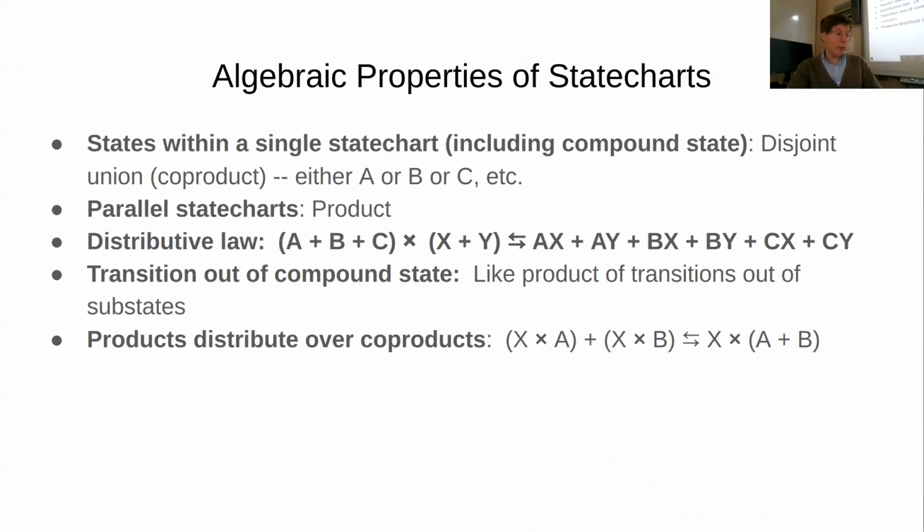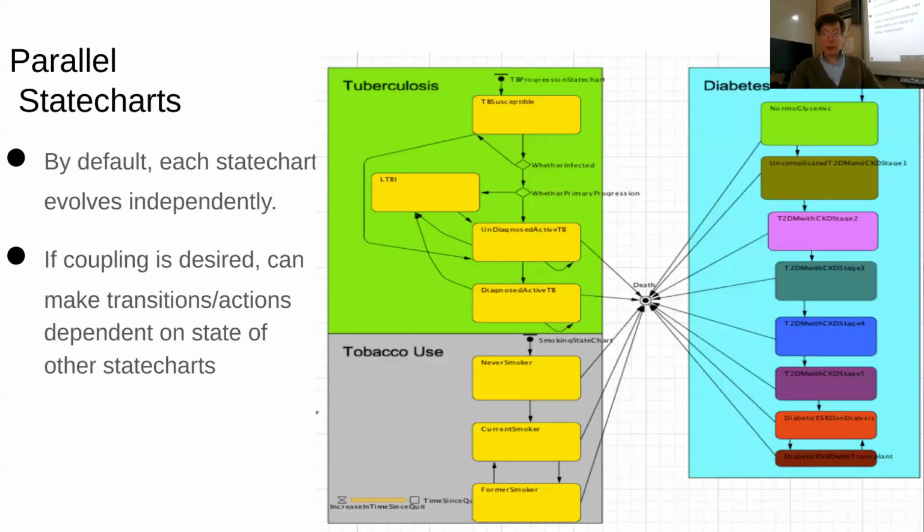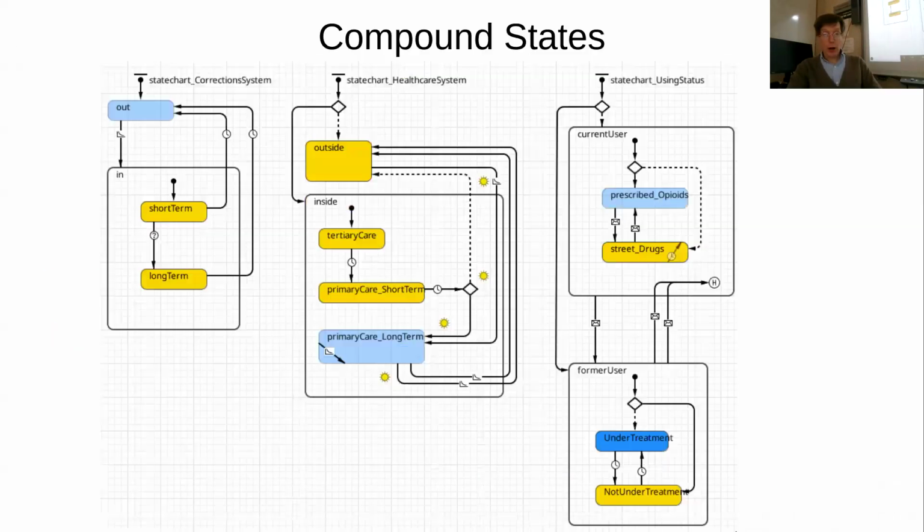So I want to talk some about algebraic properties of state charts. You might not think of them as algebraic structures. You might not think of them as having mathematics associated with them, but they do. These are mathematical structures.